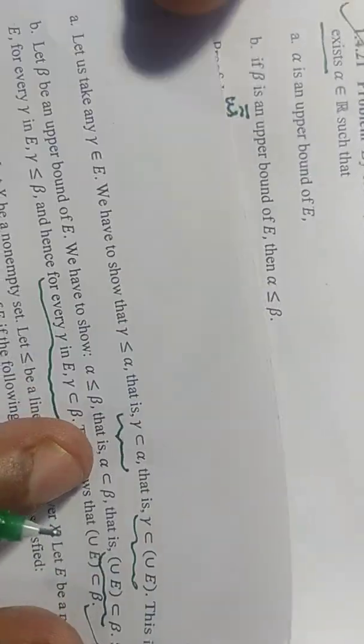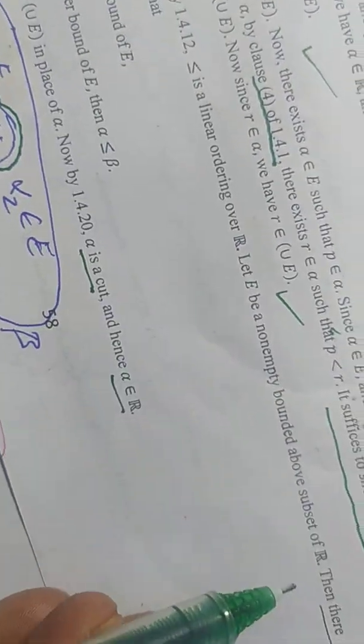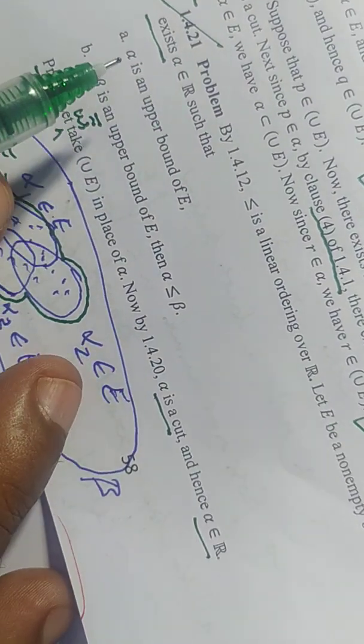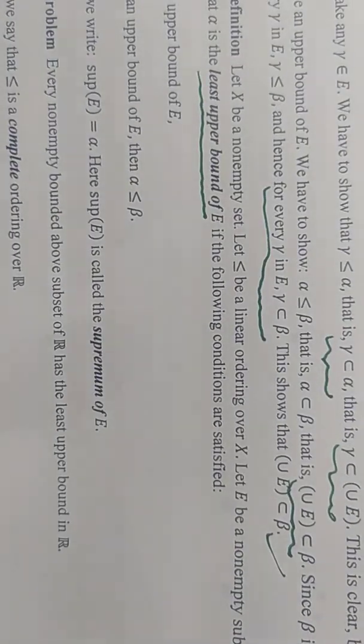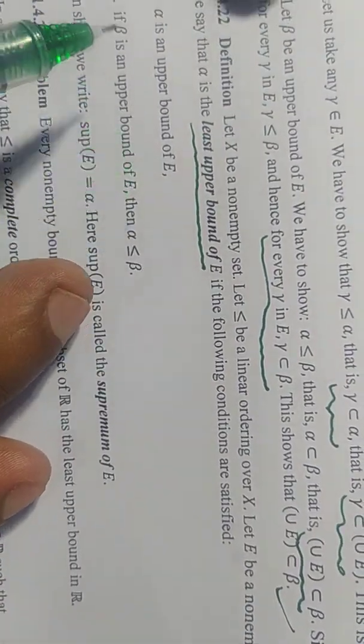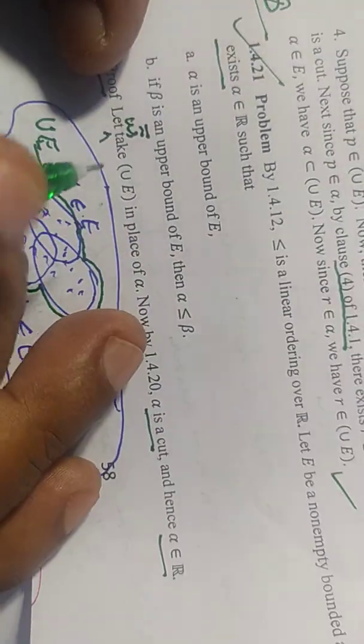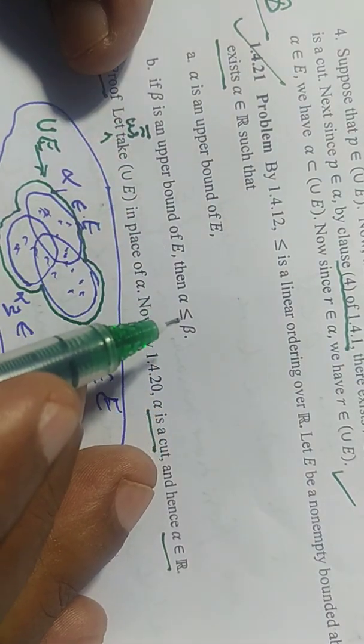Now see here. We have shown here that we have got an alpha, which is a cut, such that alpha is an upper bound of E. See here the same condition. Alpha is an upper bound of E. If beta is an upper bound of E, then alpha is less than or equal to beta.